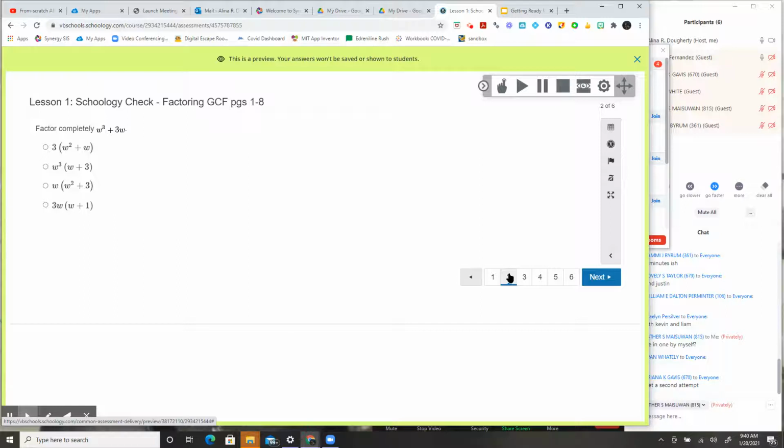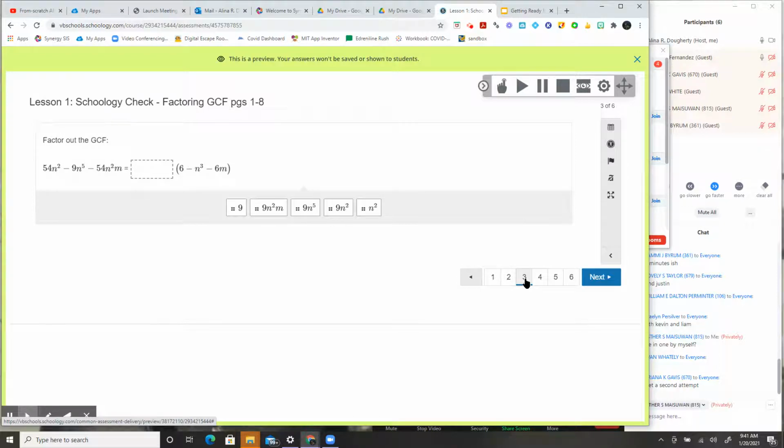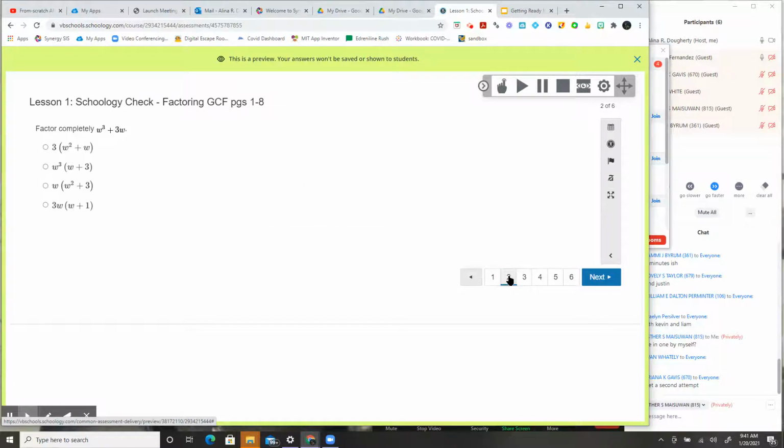W can be W2, right? Exactly. So if I know I can take a common w out, there's only 1 answer choice that has a w outside the parentheses. W squared plus 3.